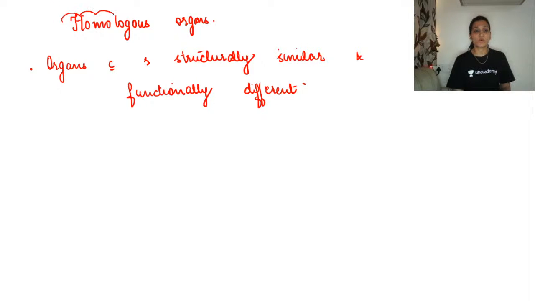This is homologous organs. The structure would be similar, but the function would be altogether different.